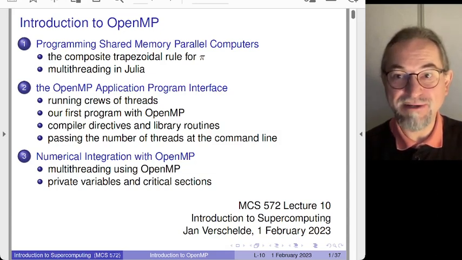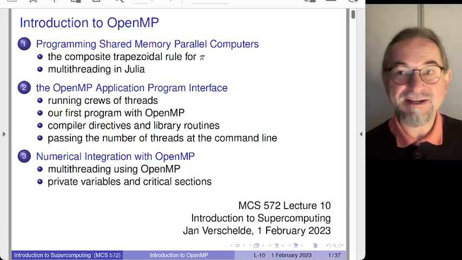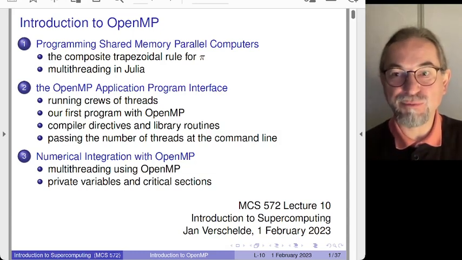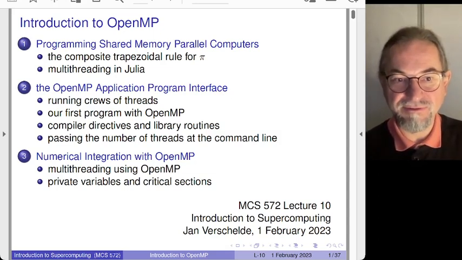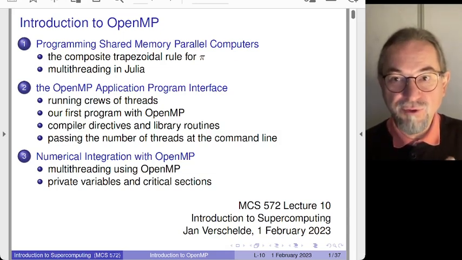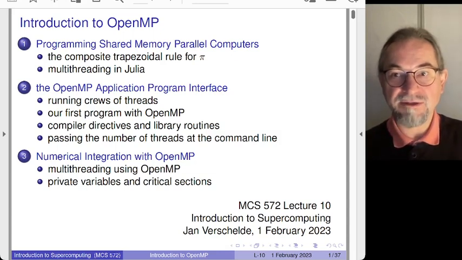Shared memory parallel computers, it's a long word, but actually every computer is a shared memory parallel computer. It has multiple cores. Even though this is an introduction to supercomputing, this is something that is done on a laptop. And the main point here is that we can go at very fine timescales. The computations that we are doing here will take milliseconds.